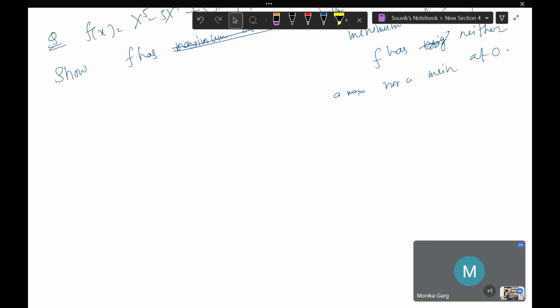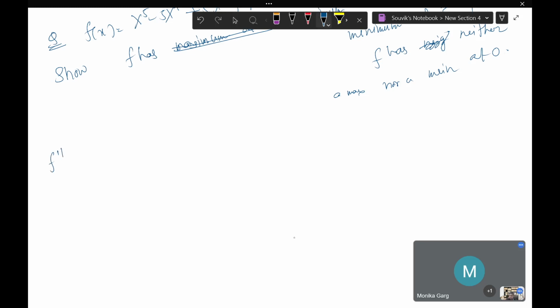If the second derivative is 0, it may have a maximum or minimum at that point. Then we go to the third derivative. Check the third derivative at that point. If it is non-zero, then depending on the positive or negative value, we can directly say. If it is 0, then go for the fourth derivative. Understand? Okay.